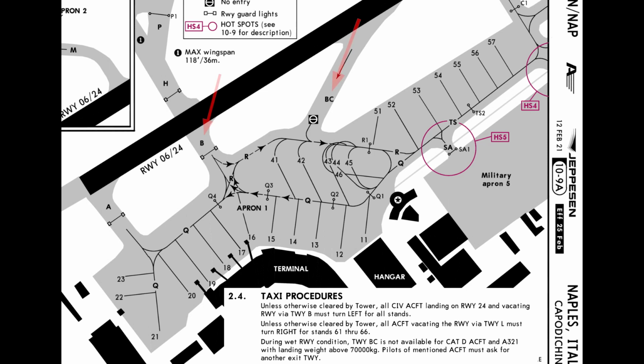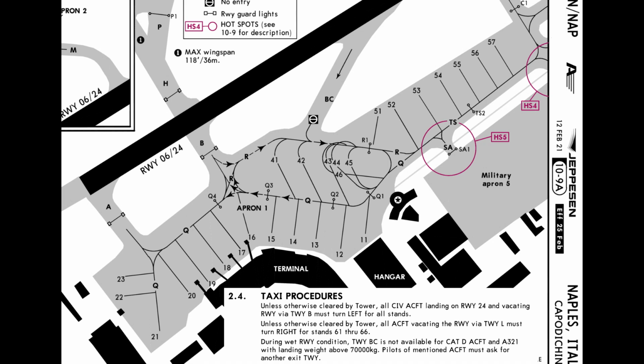So let's have a look at the taxi procedures when landing on runway 24. All aircraft vacating either via Bravo Charlie, Bravo have to do a left turn onto Romeo in order to taxi into your gates. The chart shows you the taxi direction through these arrows, and so there shouldn't be any confusion on how to taxi.